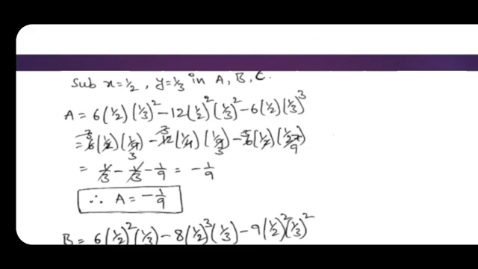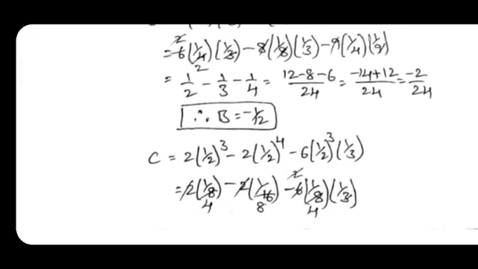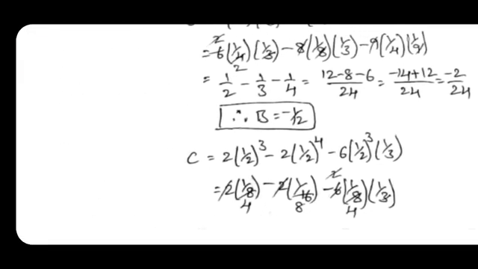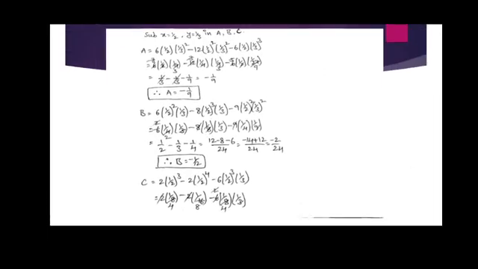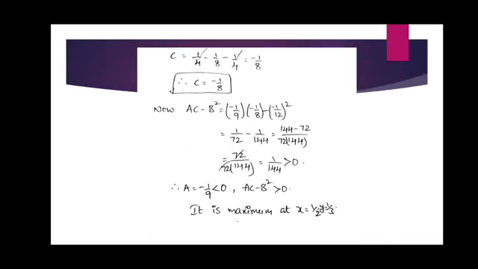If we simplify this, finally we got A is equal to -1/9, B is equal to -1/12 and C is equal to -1/8.